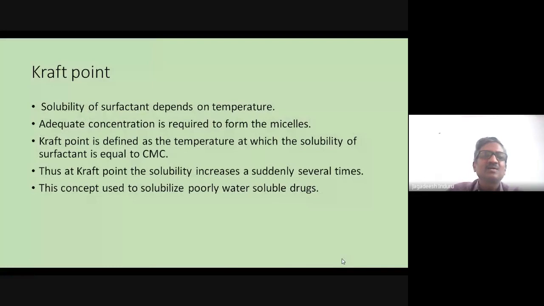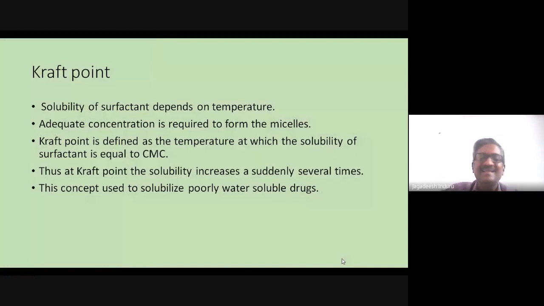Because of that reason, you are going to have a very large formation of micelles at the Kraft point, and the solubility of your surfactant will rise manifold. Generally, when you are adding a solute to a solution, it will take some time to get dissolved, but at the Kraft point, too much solute gets converted into a solution very fast.